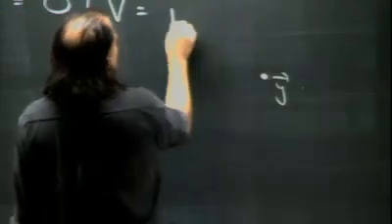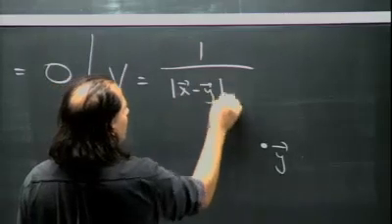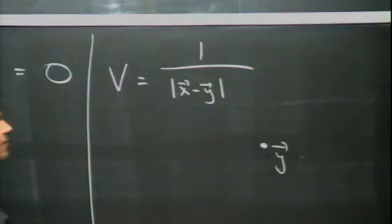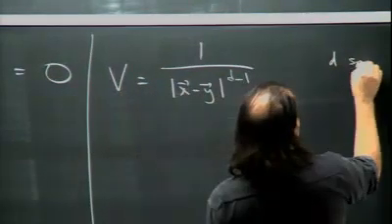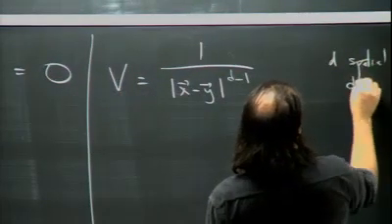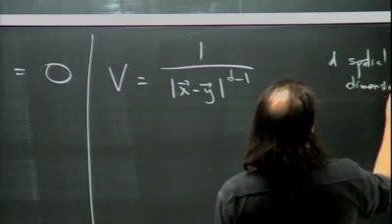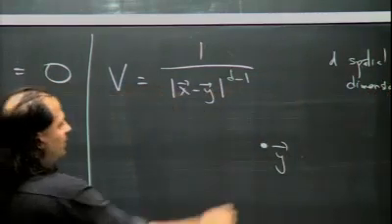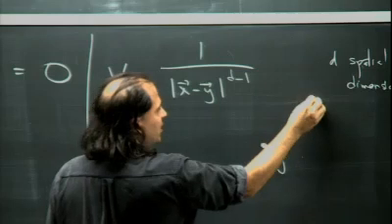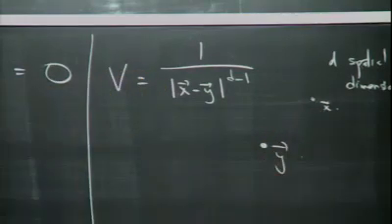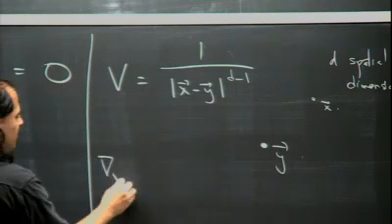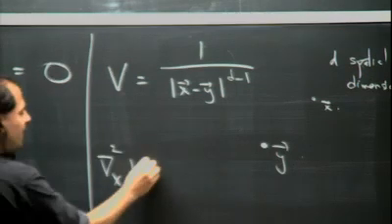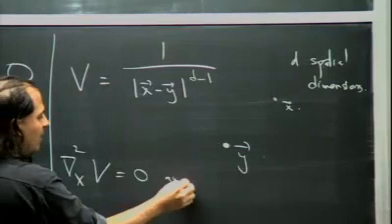So that potential would be 1 over x minus y to the power of d minus 1 if I'm in d spatial dimensions. Okay? So this is where the charge is, and here is where I'm measuring the source. So this, of course, obviously satisfies that the Laplacian of v is 0 away from y.